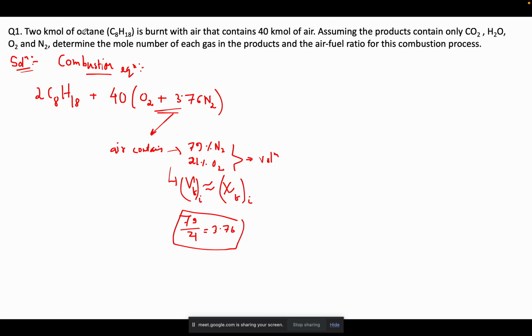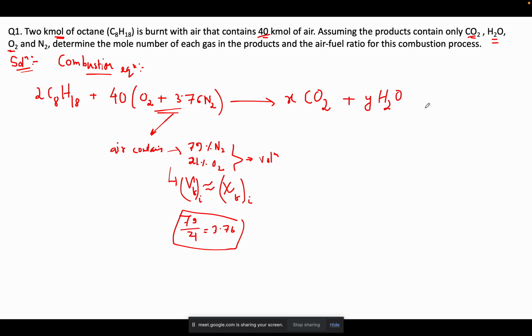So why, because it is telling that 2 kilomoles of octane is burnt with air that contains 40 kilomole of air. Okay, now it tells us that the products only contain carbon dioxide, water, oxygen, and nitrogen. Okay, so we don't know how many moles of carbon dioxide there are, so we assume x number of moles of carbon dioxide, plus y number of moles of water vapor or water, whatever is possible.